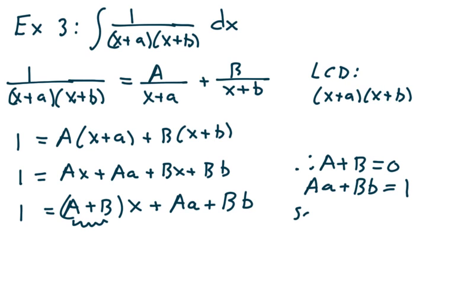Now, remember, we want to solve for capital A and B. It's very important, okay? Now, let's come over here. So we get A plus B is 0. A times lowercase a plus B times lowercase b is equal to 1.